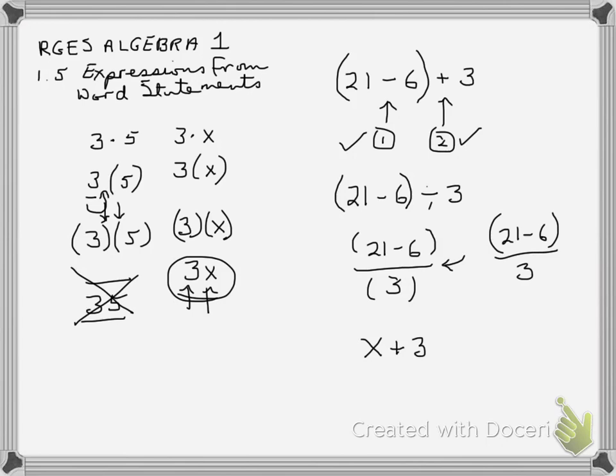The word result is my cue. I have to get the result first and then square it. Now, without that parenthesis, what would I have written? And that would be square it first and then add. So I must have my parentheses to make this statement.